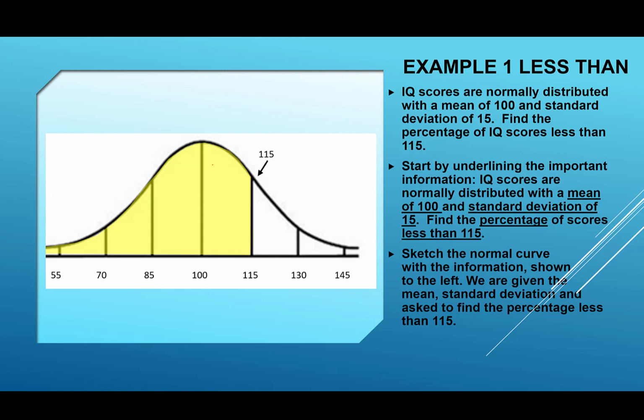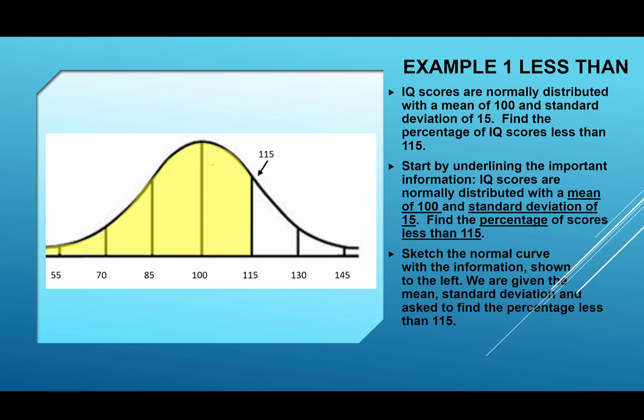To do that, you start by placing the mean of 100 at the demarcation for the highest point. Then, to get the standard deviation values to the right, you would add the standard deviation of 15 to each of the previous values.